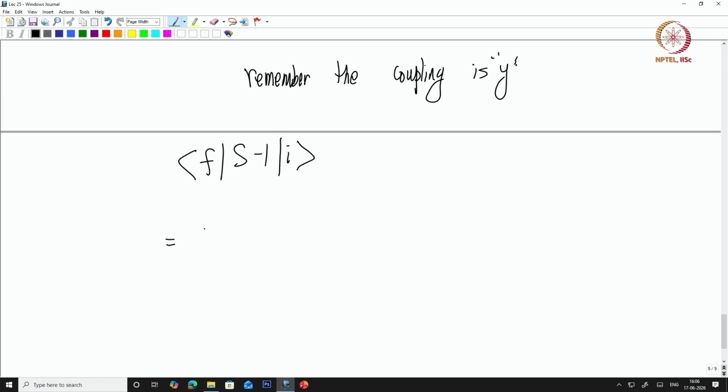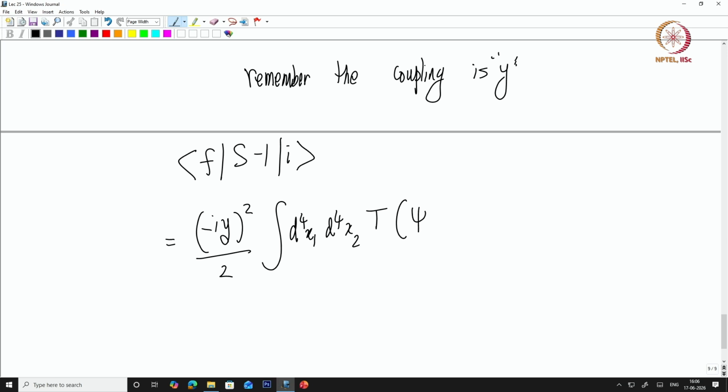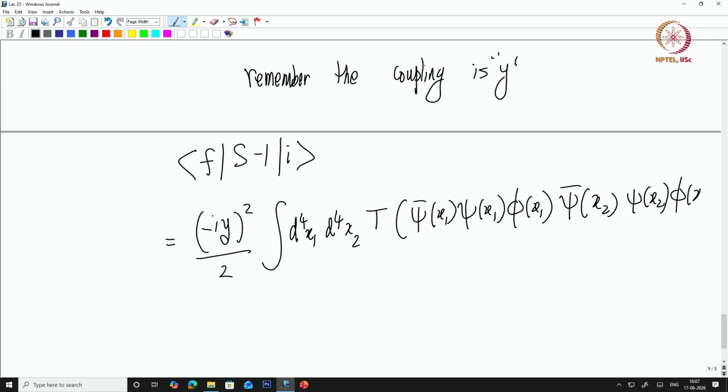This will give me minus i lambda Y squared by 2, integral d^4x1 d^4x2, time-ordered product of psi-bar(x1) psi(x1) phi(x1), psi-bar(x2) psi(x2) phi(x2).